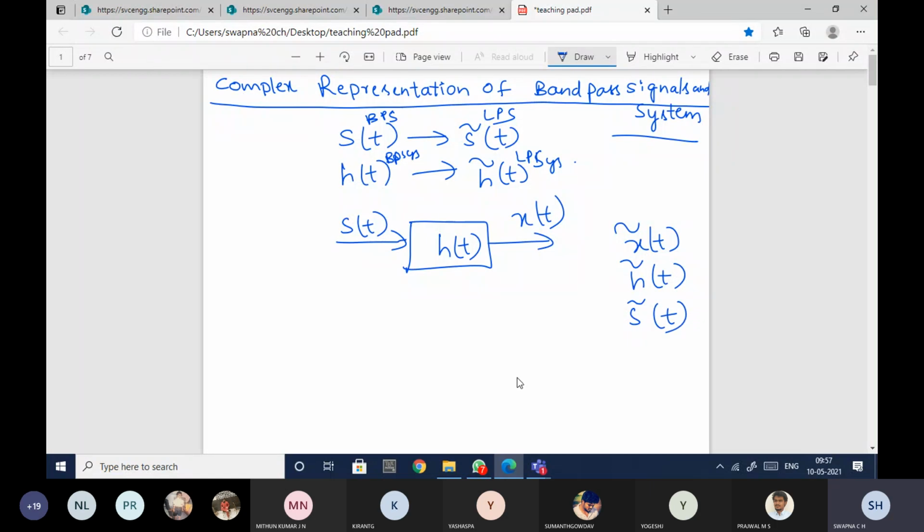Okay, we have already done all this. Anyway, we'll just revise. In order to find the relationship between these three, let us deal with the normal representation we have learned so far.